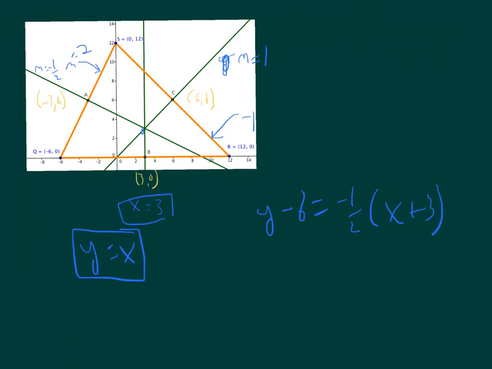If we plug in 3, 3, we get 3 minus 6 is equal to negative 1/2 times 3 plus 3. On this side we get negative 3, and on this side we get negative 1/2 times 6, which is negative 3. So it checks. So there we have it. 3, 3 is the intersection of the three perpendicular bisectors of this triangle.